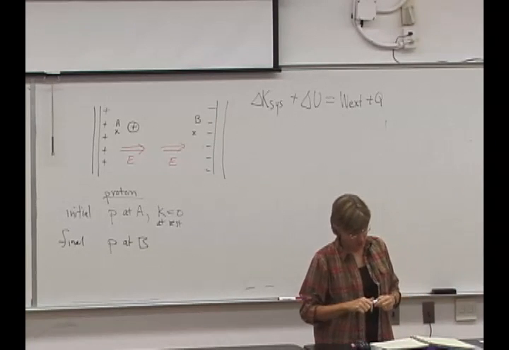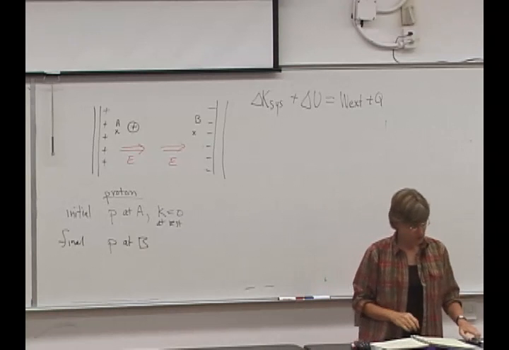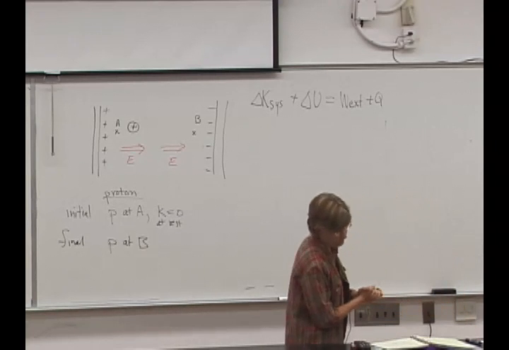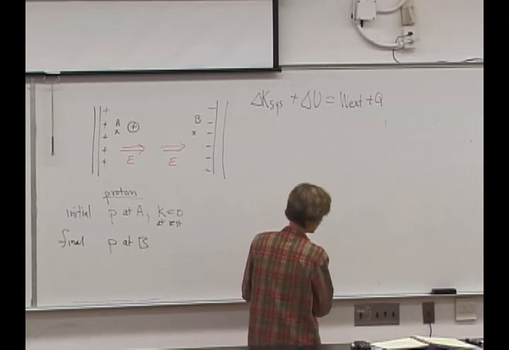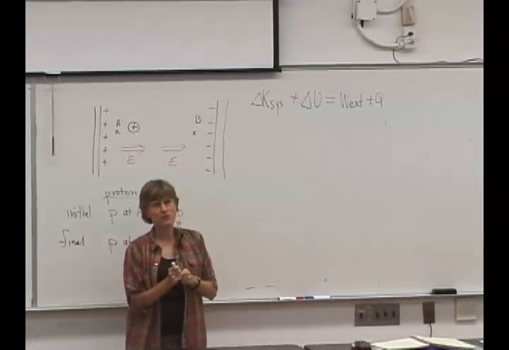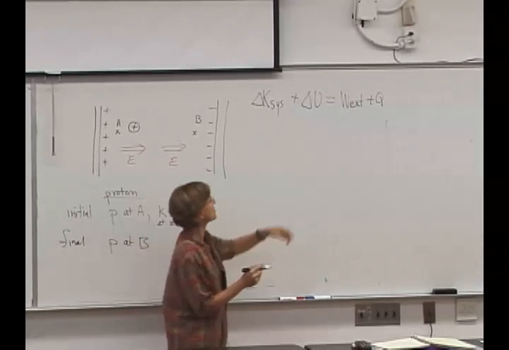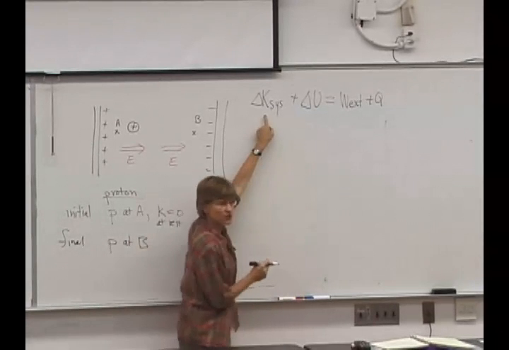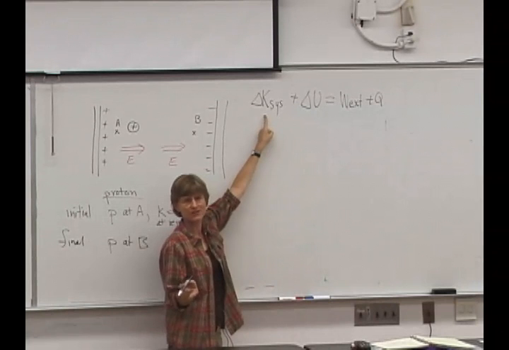Okay, so let's think about what's going to happen between our initial and our final states here. We can amplify this equation a little bit for this system, because there are actually two pieces to the system. There's the proton and there are the plates, right?